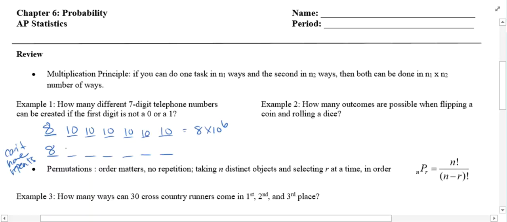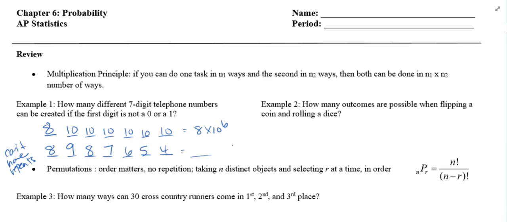So normally there'd be 10 numbers, but since we already used one, there are actually 9 options here. And going down, now we've already used 2, so now we have 8 options, and then 7, 6, 5, 4. Okay, so you'd multiply that together to get your answer, which will be significantly smaller than if you were allowed to have repeats.